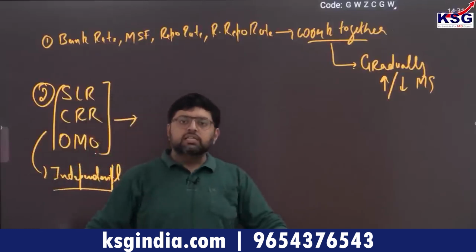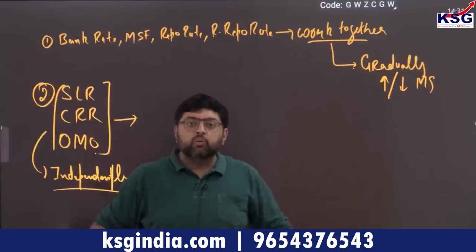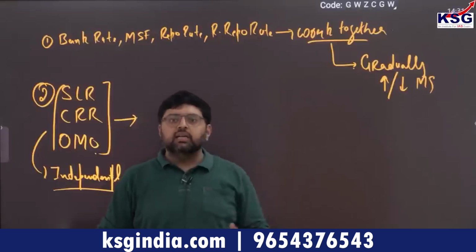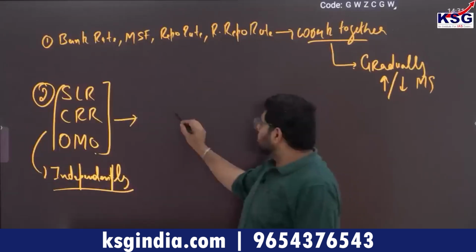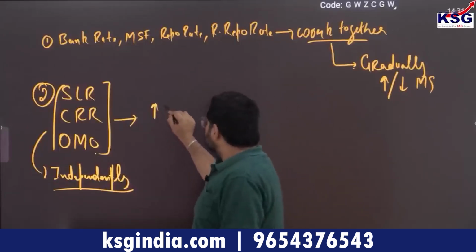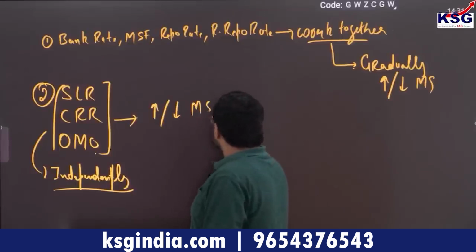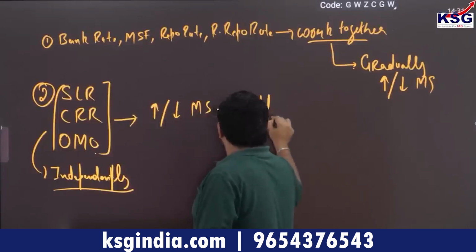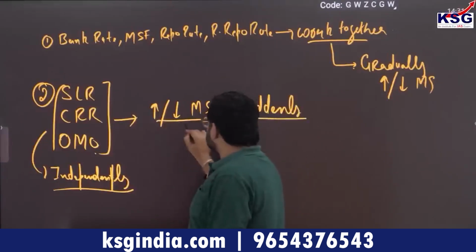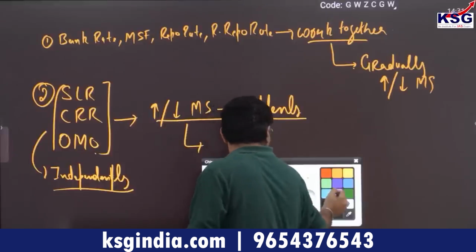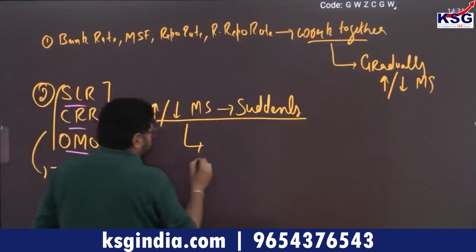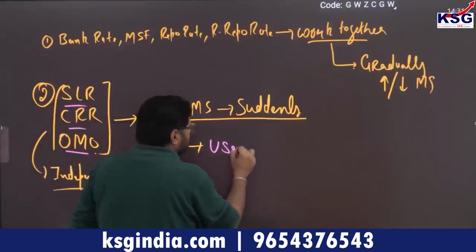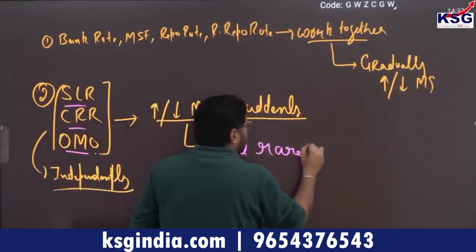For example, right now CRR is 4%. If CRR is increased from 4% to 20%, you will see money supply suddenly decrease in the market. So these are responsible for suddenly increasing or decreasing money supply. If you have understood this, that is why these tools, SLR, CRR and open market operation, are used rarely.